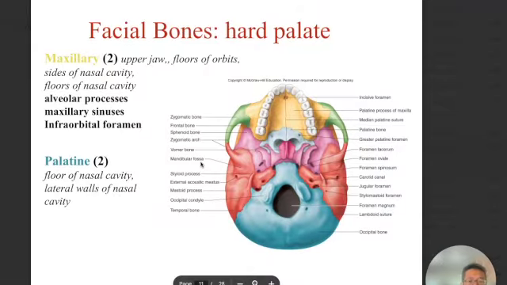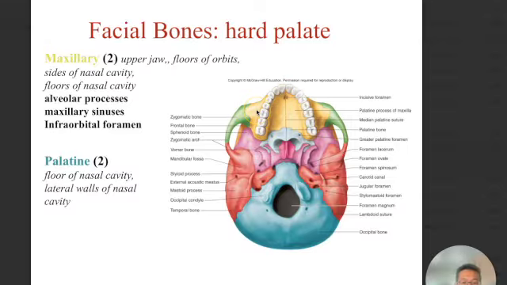Here's the maxilla, which is the upper jaw. Let's see, what do we need to remember? These three are not in this view. The alveolar process is the process where the teeth sit in.